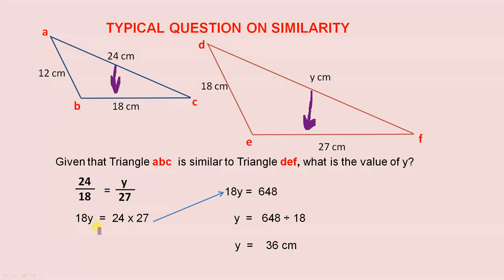When we cross multiply, we get 18y equals 24 by 27. So 18y is 648. So y equals 648 divided by 18. So y equals 36 centimetres.